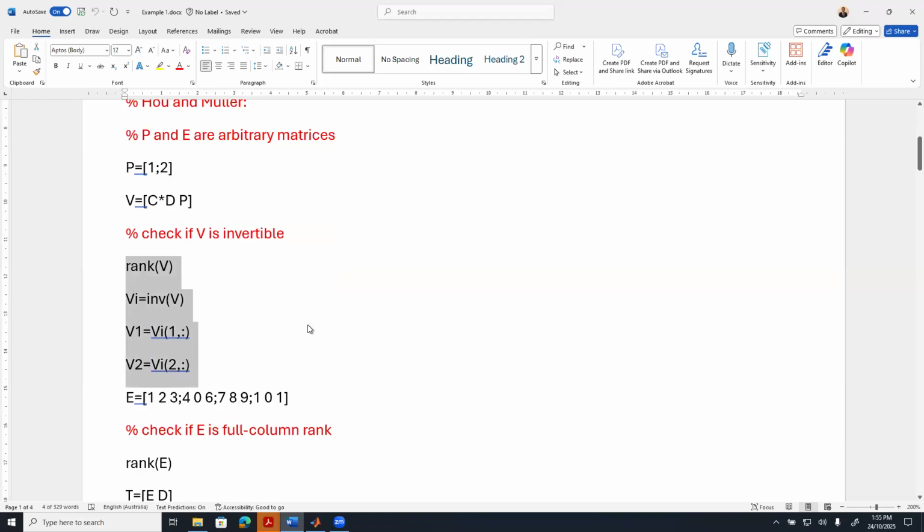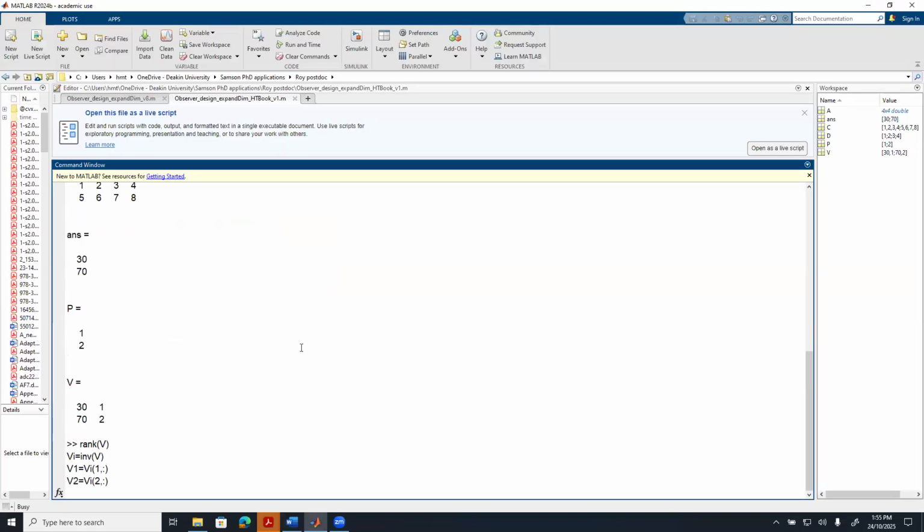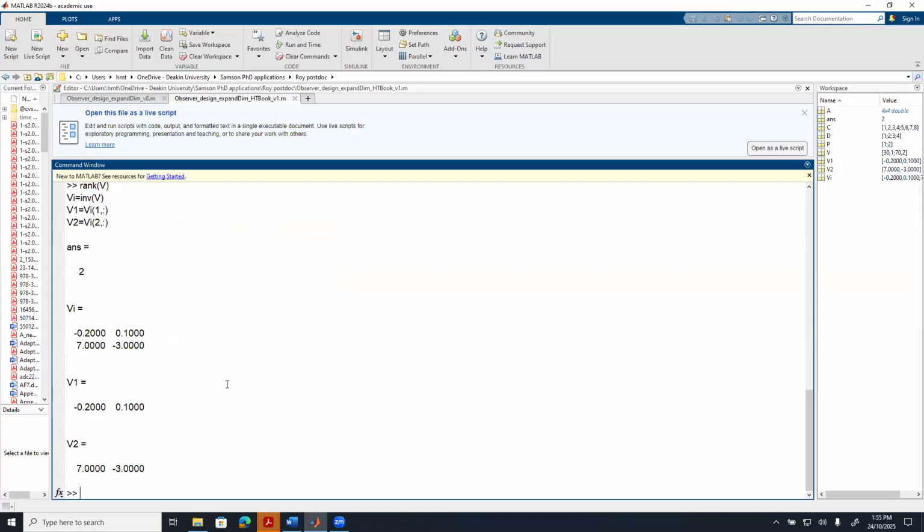So what we do then is we obtain the inverse of matrix V, and then from there we extract matrices V1 and V2. The rank is 2.